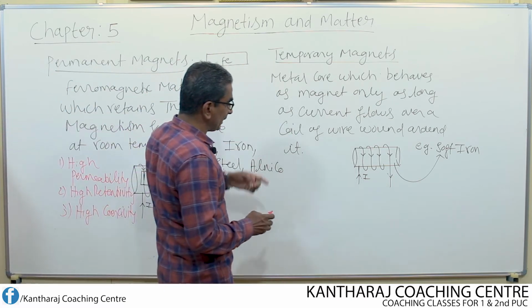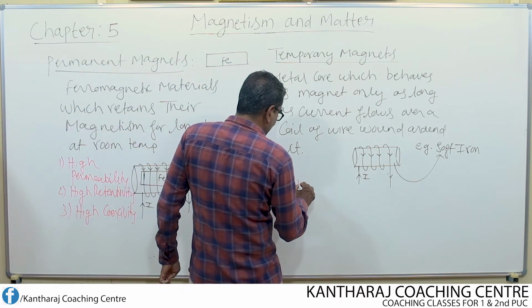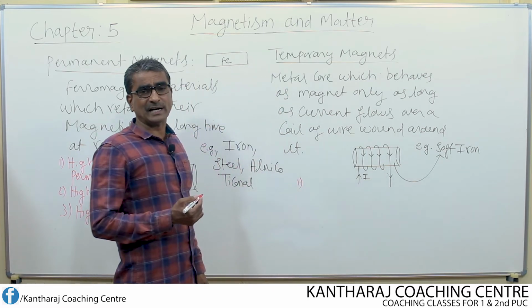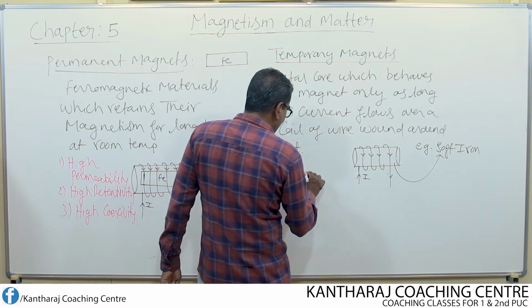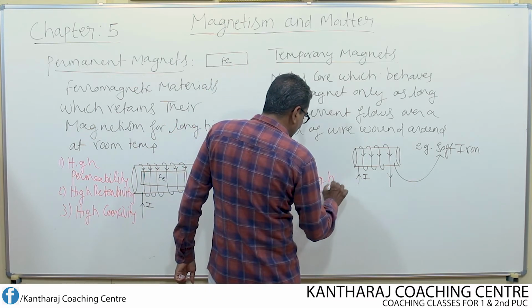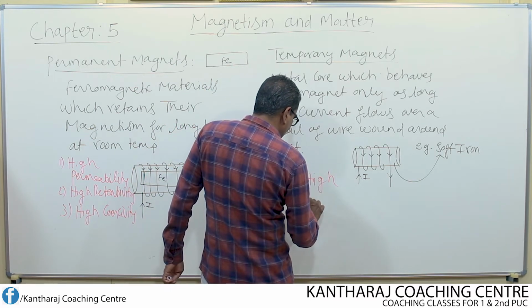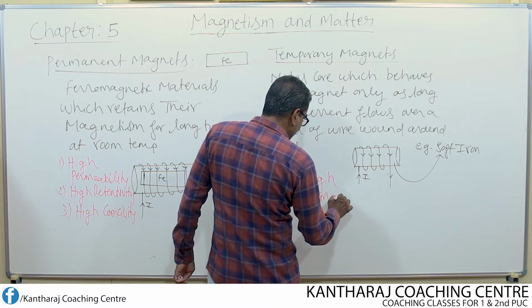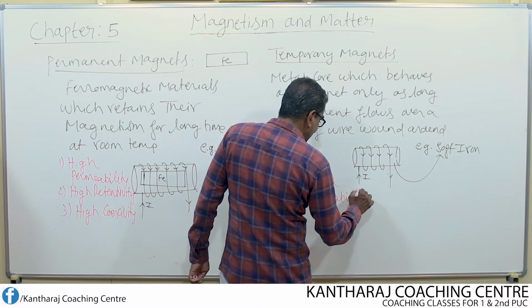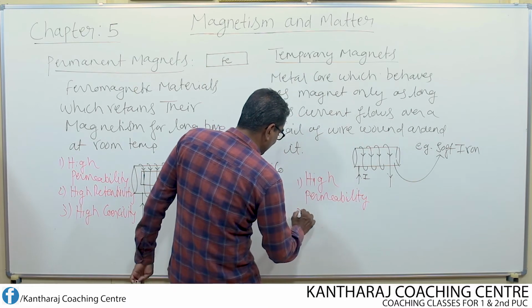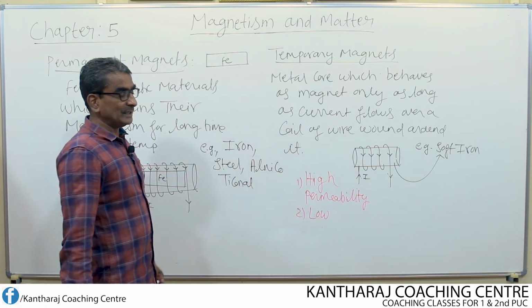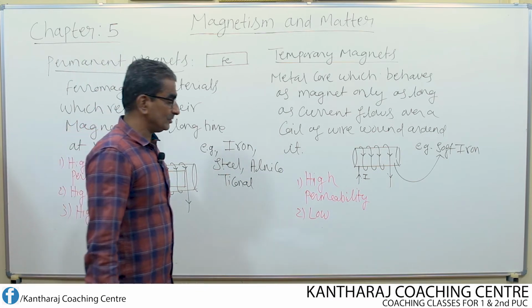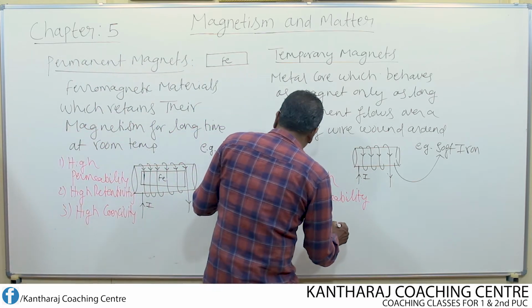Whereas for a temporary magnet, what are the properties or characteristic features it should possess? Once again, it must have high permeability, so that it can be magnetized quickly. Secondly, it must have low coercivity.